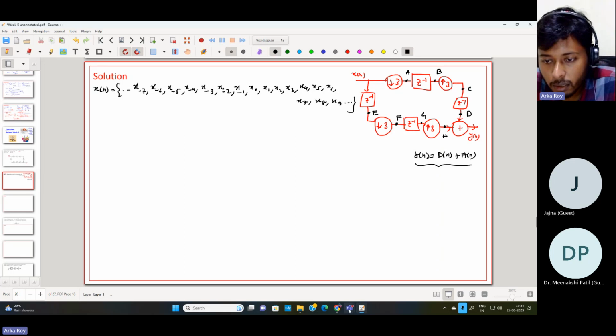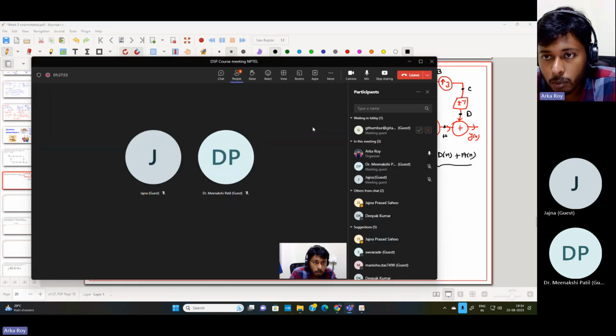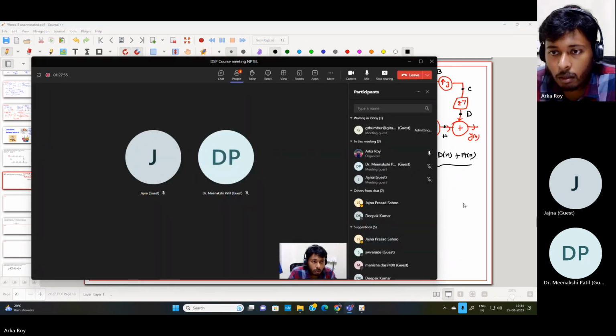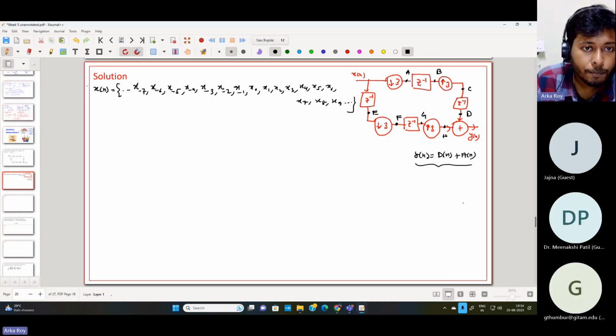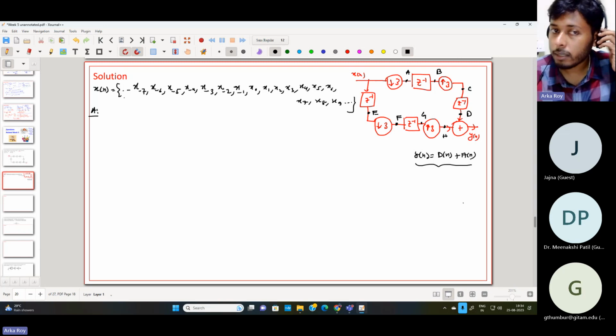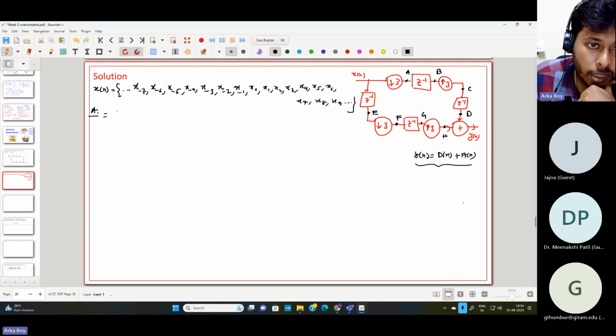Okay, this much is fine for the signal. Now what we are doing, we are downsampling the signal by 3, or a downsampler with a factor of 3. So that would be a more appropriate definition.